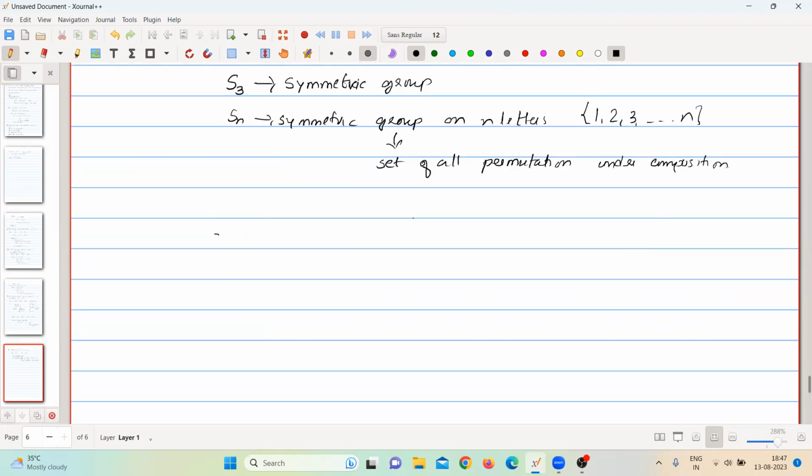So first of all, let me write what S3 is. Can anyone say what are all the elements in S3? Six permutations are there, yes. First one is the identity permutation: 1 maps to 1, 2 to 2, and 3 to 3. Next, 1 to 2, 2 to 1, and 3 to 3. Next, 1 to 3, 2 fixed, 3 to 1.